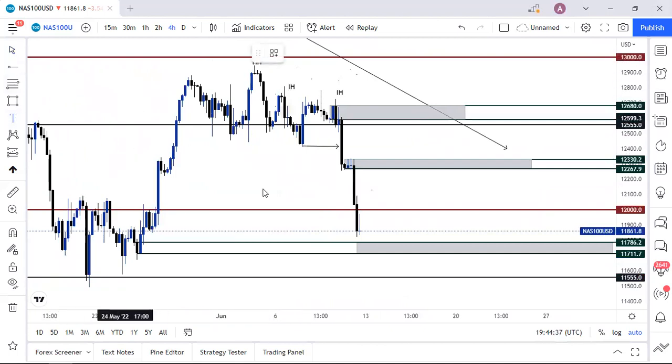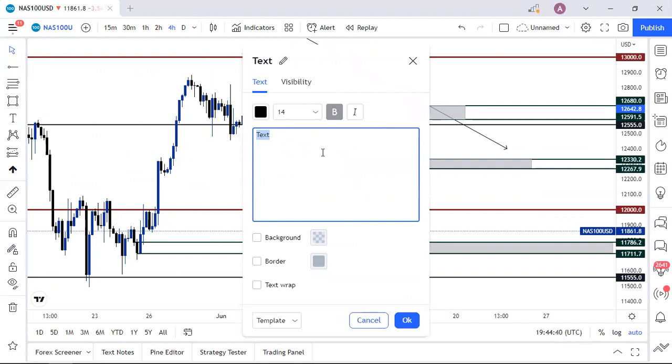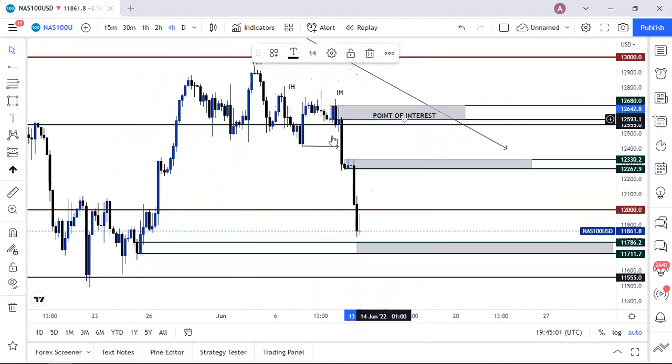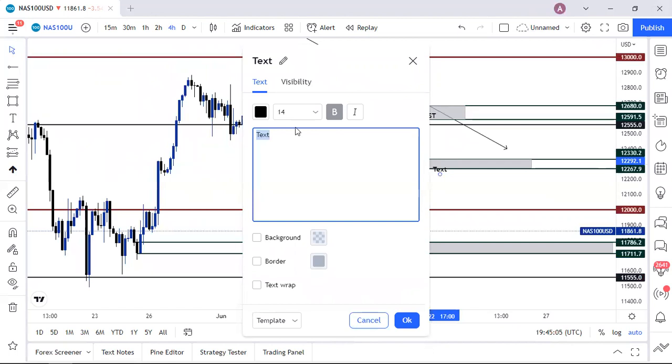So this is my point of interest. Okay. No, wrong. This will be my point of interest. It's gonna be my point of interest, and then this is gonna be my OP.